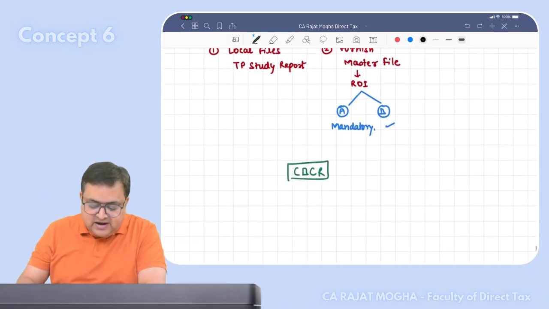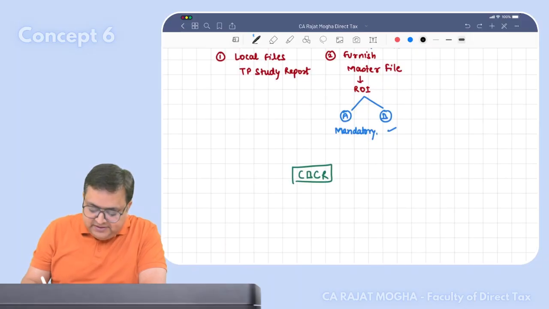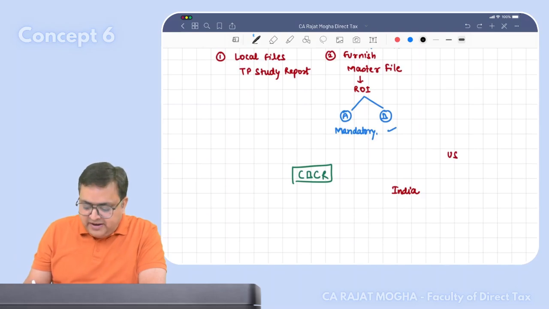See, understand it. Let's say, for example, there is a company in India, right? There is another associated enterprise in the US. There is another associated enterprise in, let's say, Singapore or Mauritius, right?